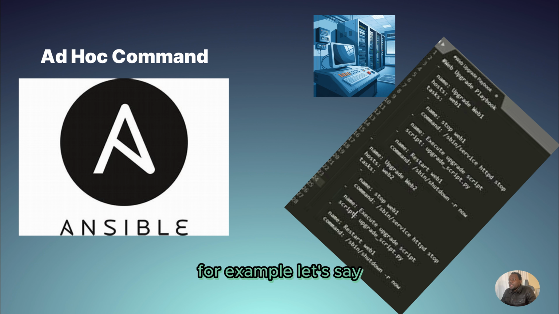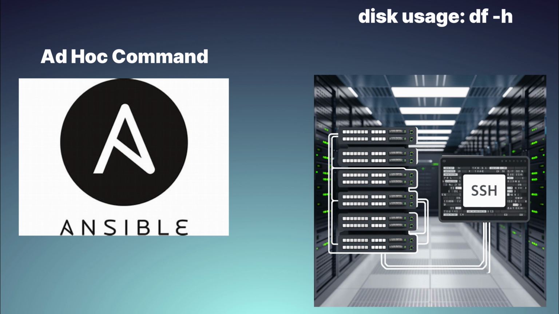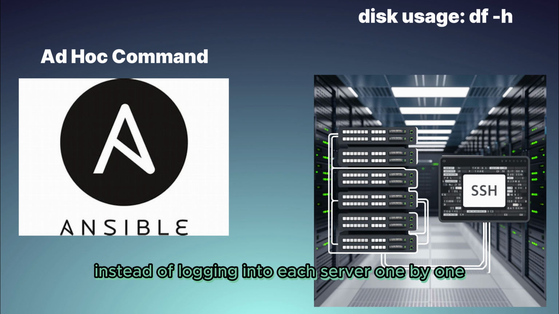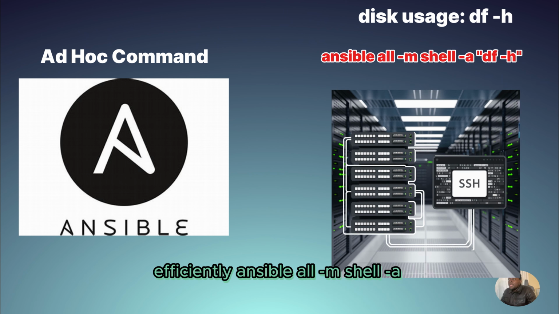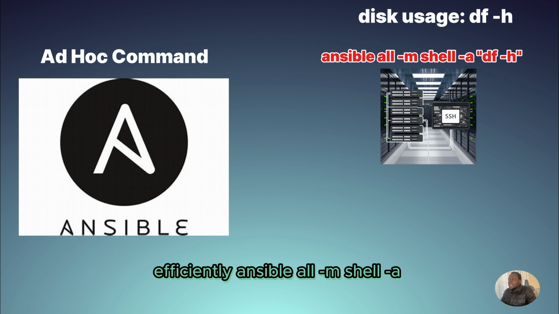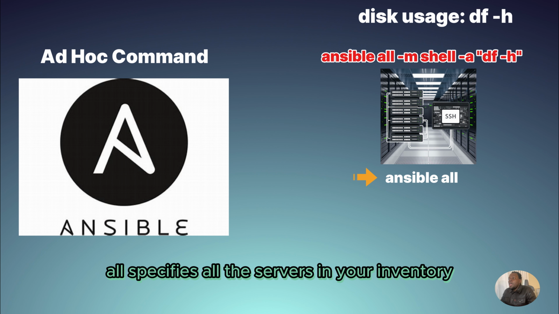For example, let's say you want to check the disk usage on several servers. Instead of logging into each server one by one, you can use a single ad hoc command to do this efficiently: ansible all -m shell -a "df -h". Here, ansible all specifies all the servers in your inventory.